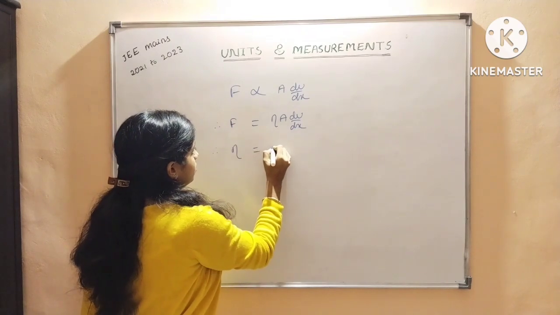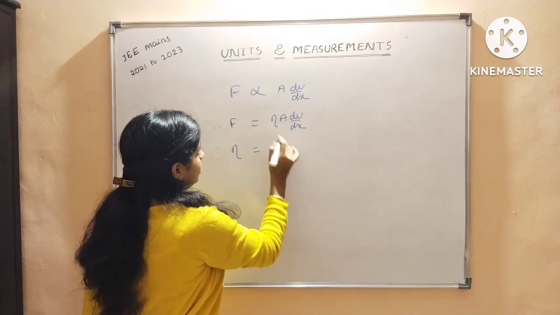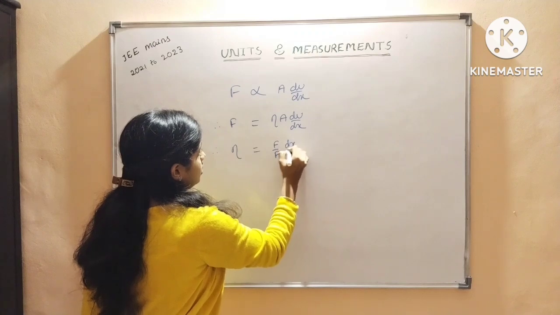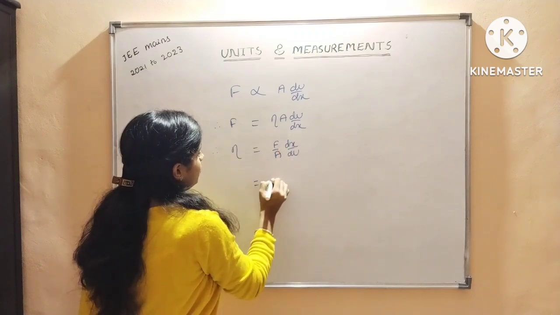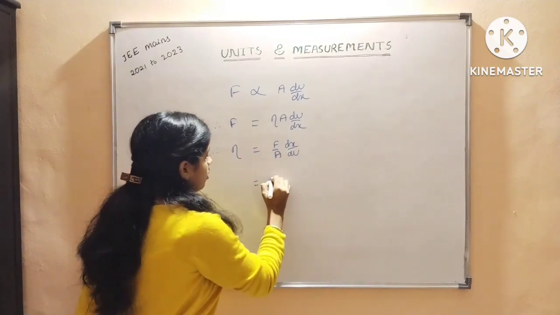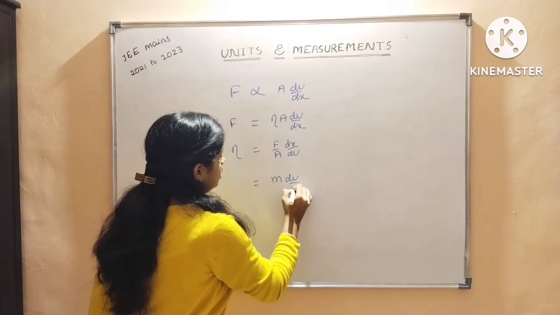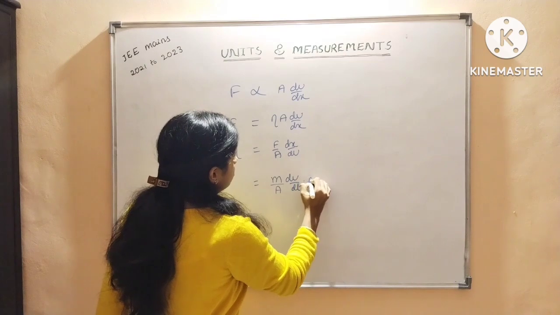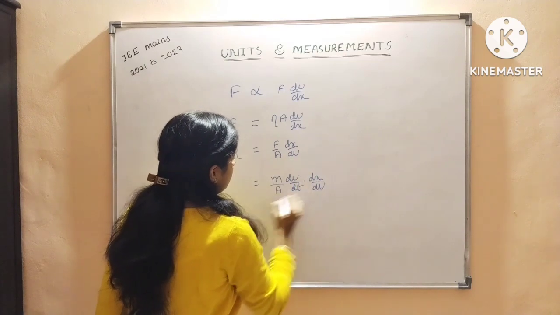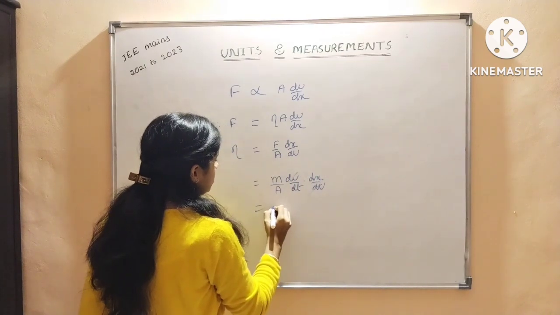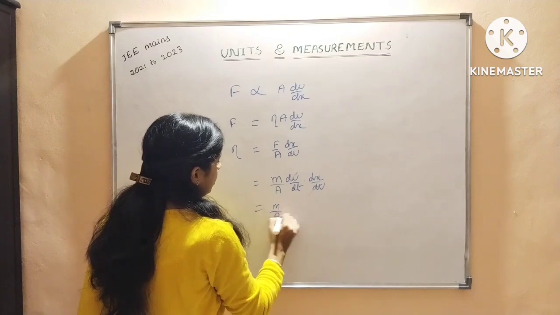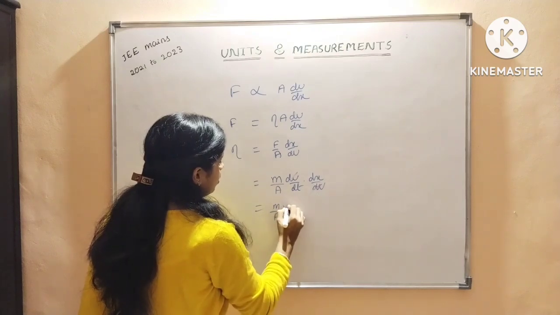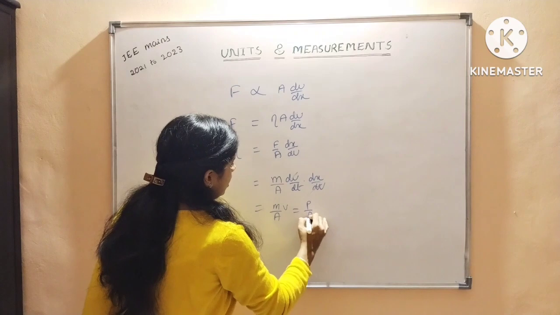Coefficient of viscosity equals force by area into dx by dv, where F equals mass into acceleration. We can write acceleration as dv by dt, so m by a into dx by dv. Here dv cancels. Therefore, mass by area, dx by dt is velocity, which is equal to momentum by area.